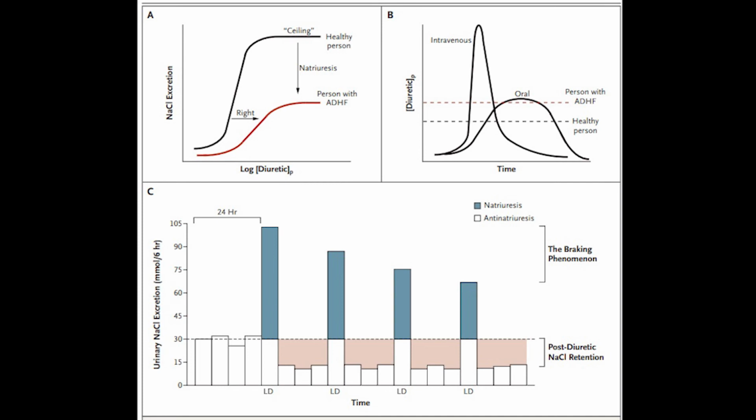So there will be a time, if you're not able to keep above the threshold, that you'll eventually have post-diuretic sodium retention as well. That's why it's important to know the half-life, the length of time, because when you're giving medication you want to make sure the duration of effect has not dropped off. So, for example, if patients have Lasix, the duration of effect could be 8 hours.